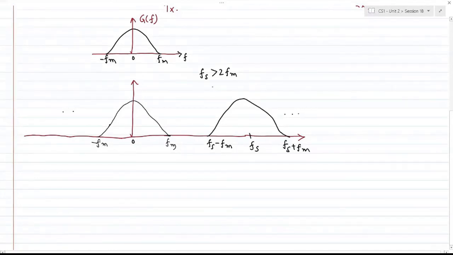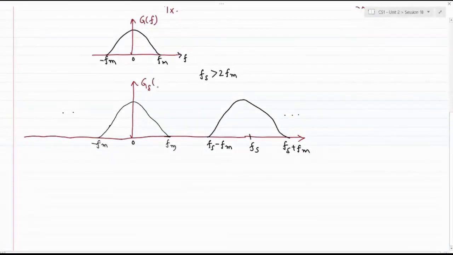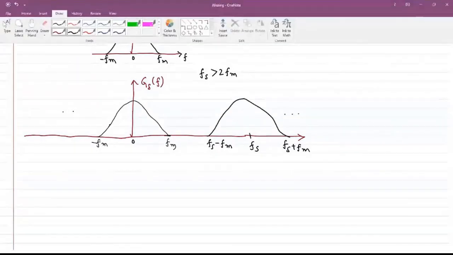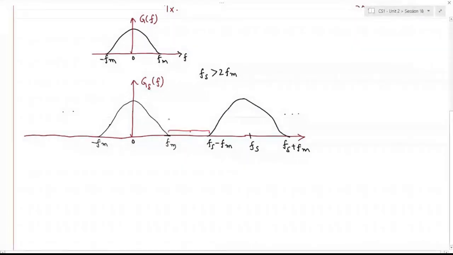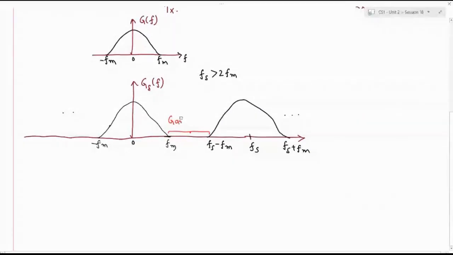The other is that I have sampled at a rate much greater than the Nyquist rate, which is greater than 2 times the maximum frequency content, which ensured that the adjacent samples are separated enough such that there is no aliasing. There is no crosstalk between the adjacent samples, which is ensured with the two-step procedure that we have implemented. So this is basically G delta of f. The portion which is the gap is called the guard band.